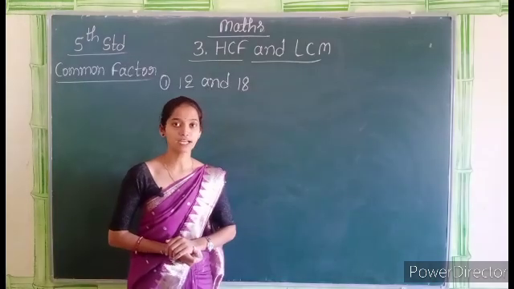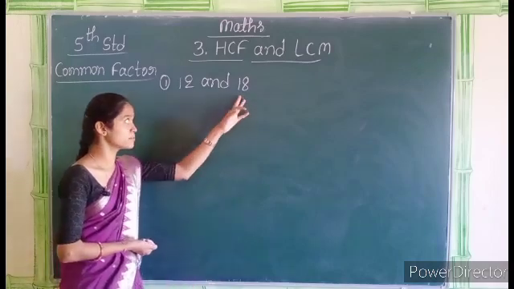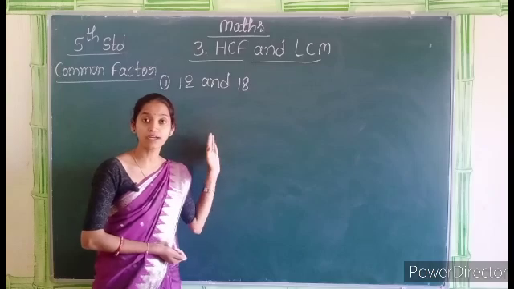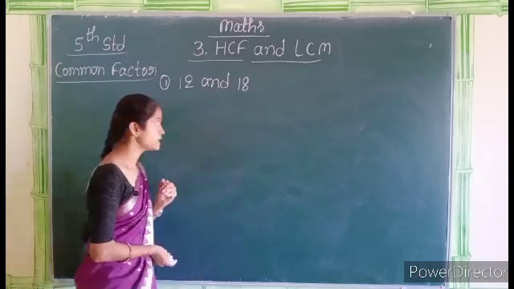Then how to find out the common factor? Okay, here I consider two numbers, that is 12 and 18. Right, first we have to find out the factors of these numbers. Let us find out.